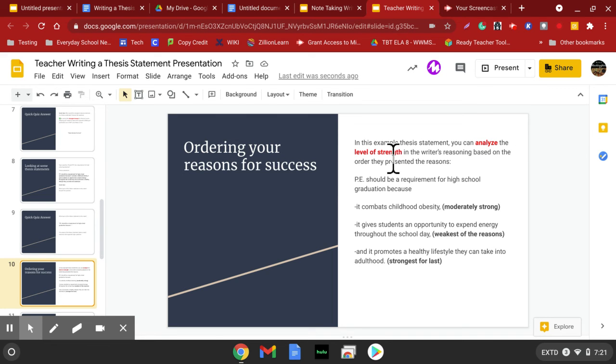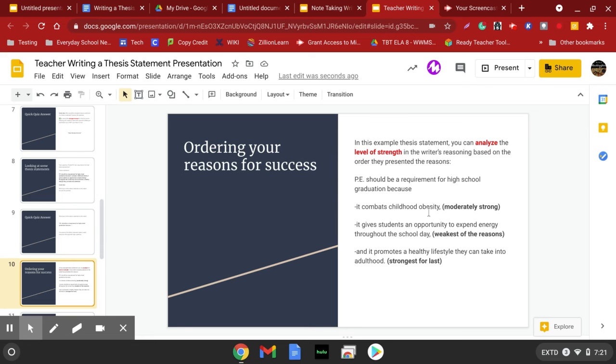In this example thesis statement, you can analyze the level of strength and the writer's reasoning based on the order they presented the reasons. So we have PE, which is the topic, should be required for high school graduation, because that's my claim. The least strong reason is it combats childhood obesity.